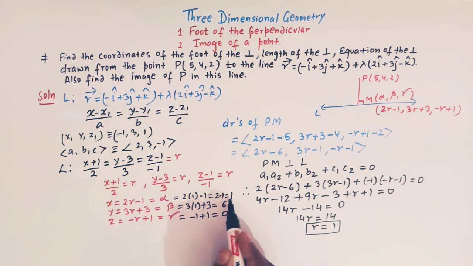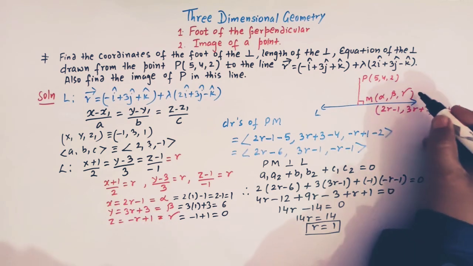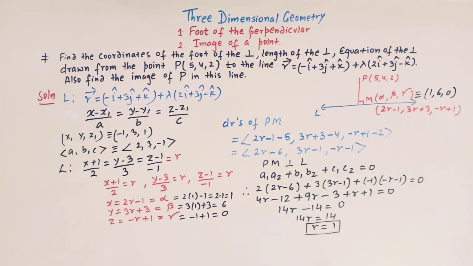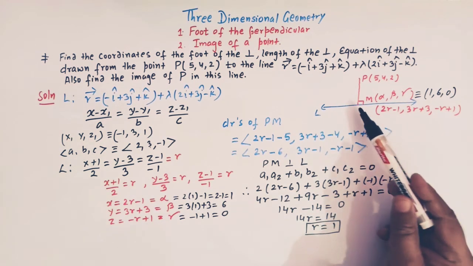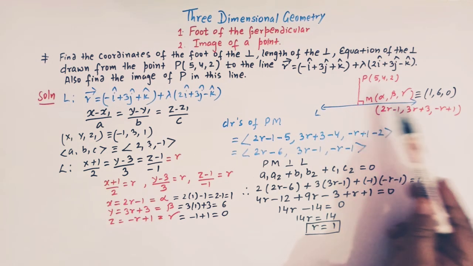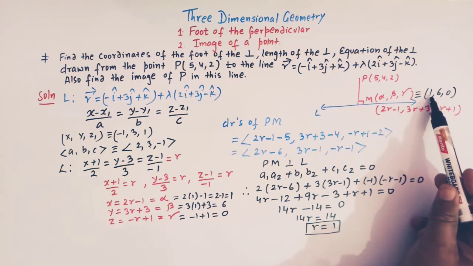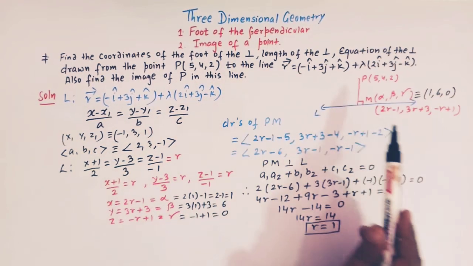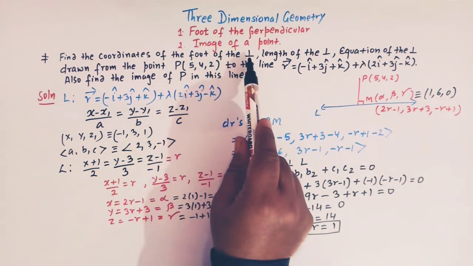So alpha is 1, beta is 6, and gamma is 0, right? So the coordinates of this point are now 1 comma 6 comma 0. So the foot of the perpendicular, which is M, has the coordinates 1 comma 6 comma 0, right? So we have obtained the coordinates of the foot of the perpendicular.